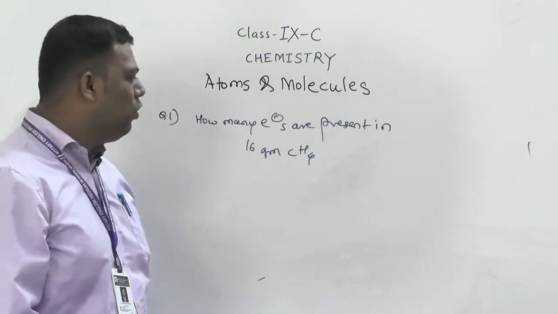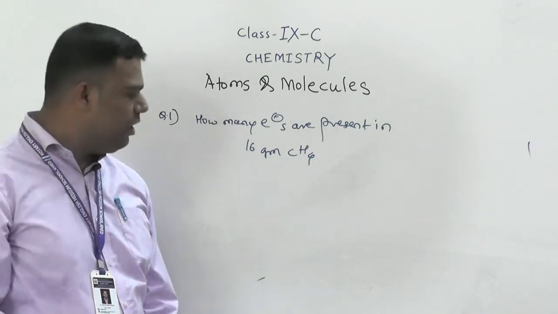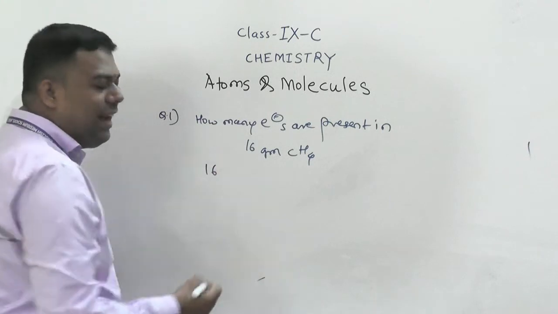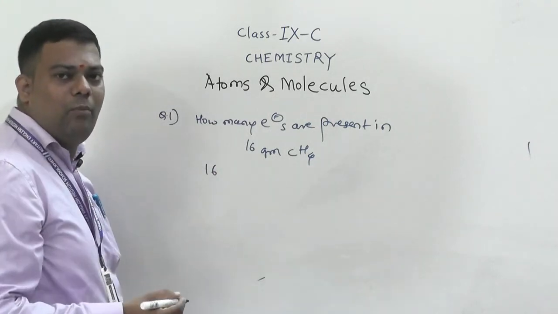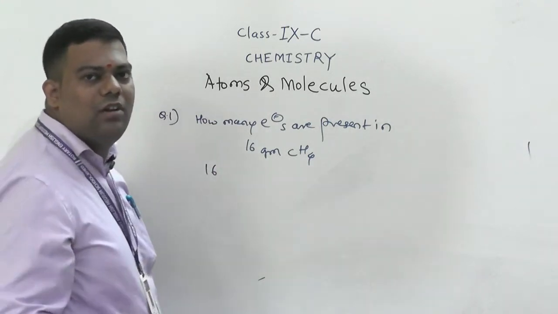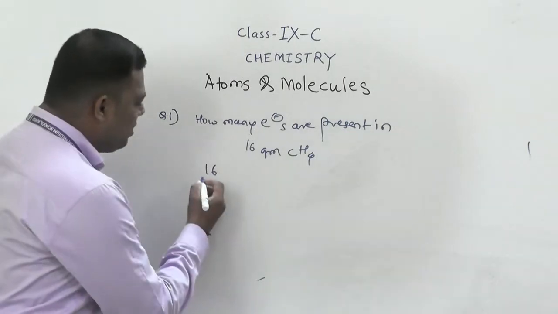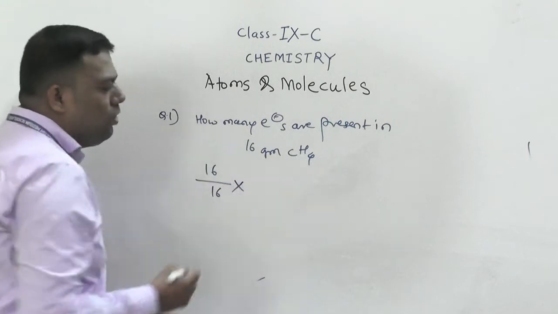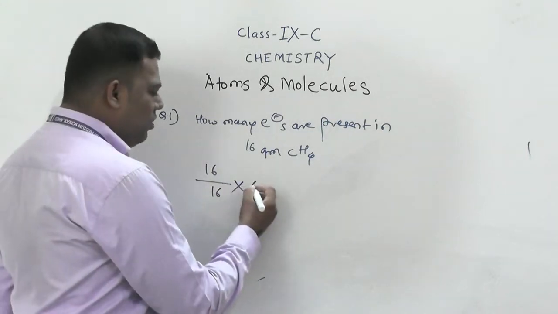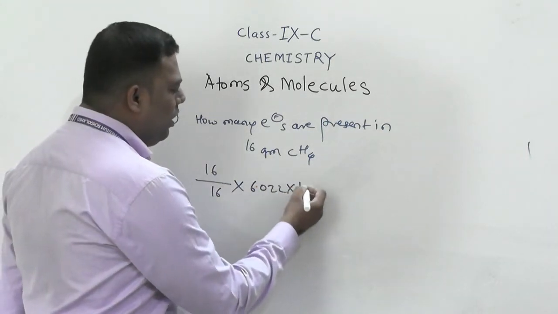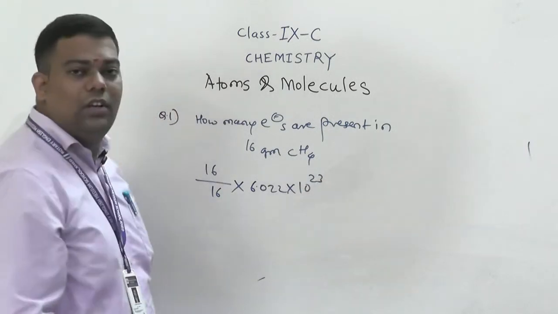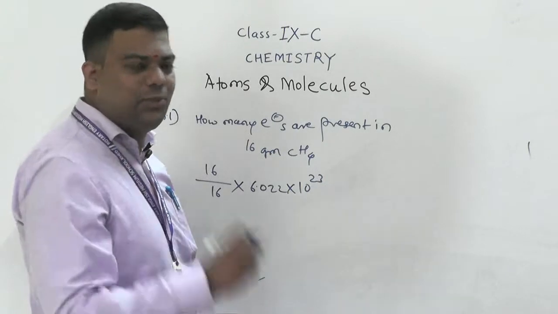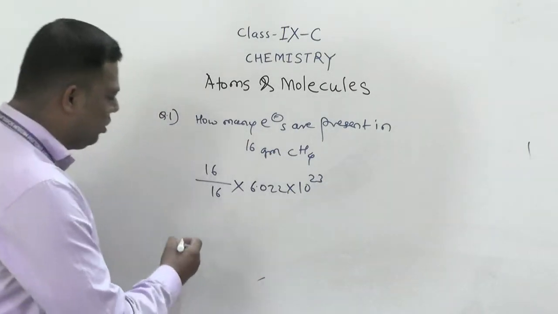Electrons we want to calculate here. For the number of moles, you know, given mass divided by what? Molecular mass. So 16 divided by 16, into your Avogadro number, 6.022 into 10 raised to 23, into electrons in CH4.